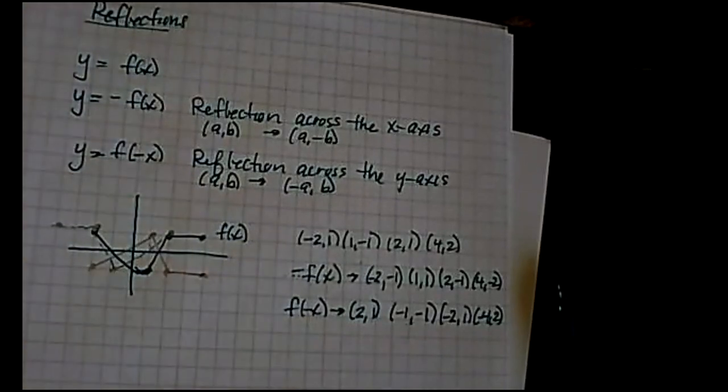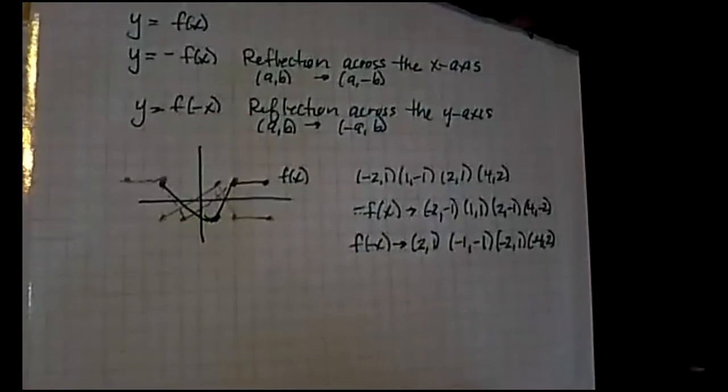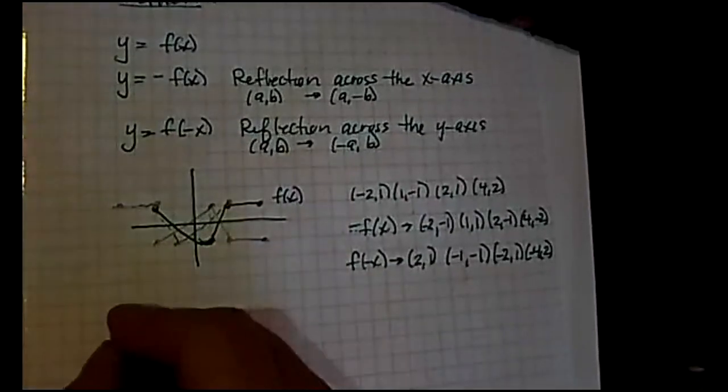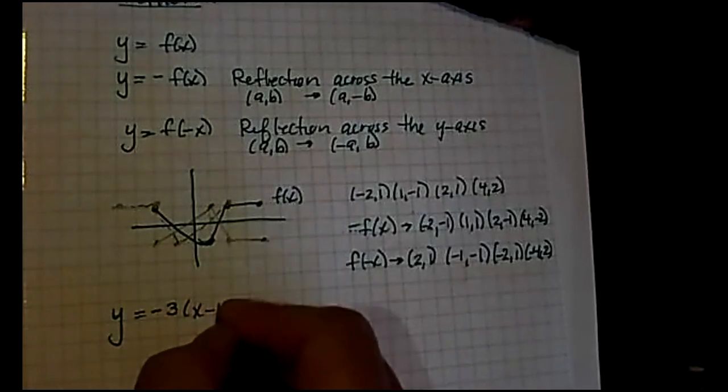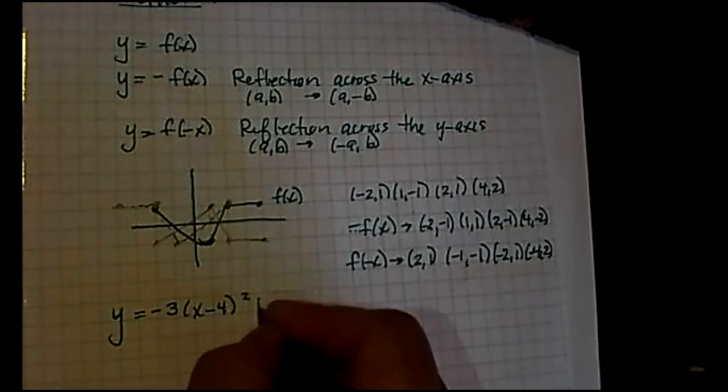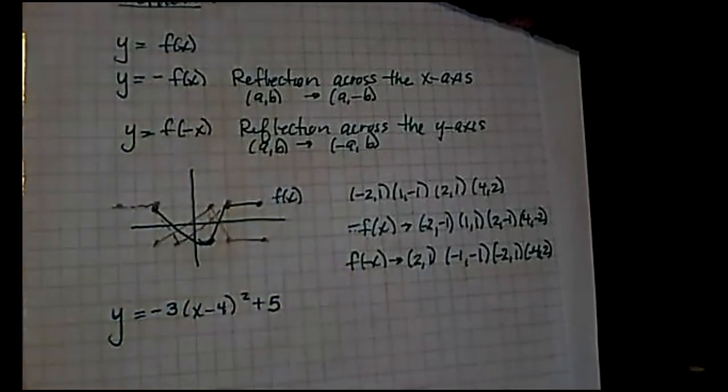All right. So let me ask you this. This is what I really want you to be able to tell me. So let's say I gave you this, and I asked you to tell me what is the transformation? Explain the transformation of this graph.